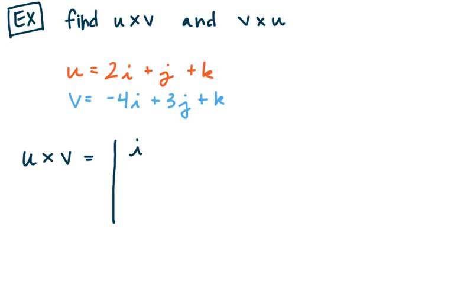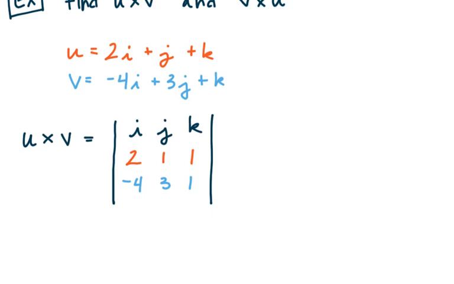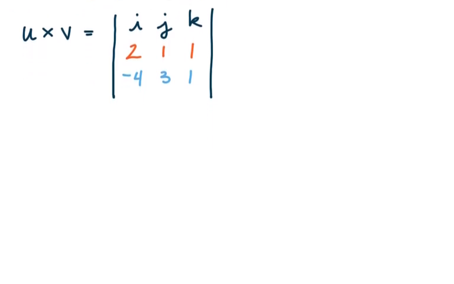So I've got I, J, and K. My U components are 2, 1, and 1, and my V components are 4, 3, and 1.